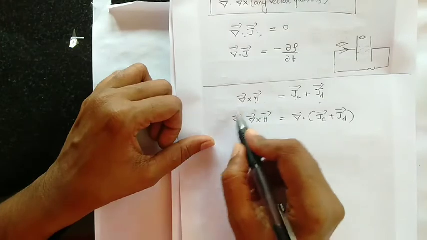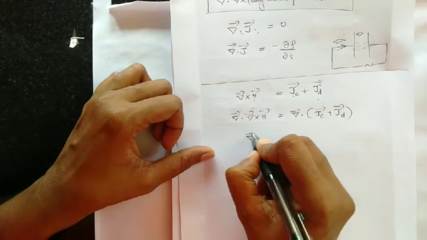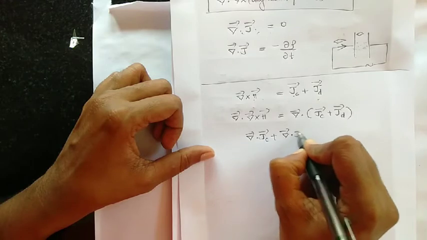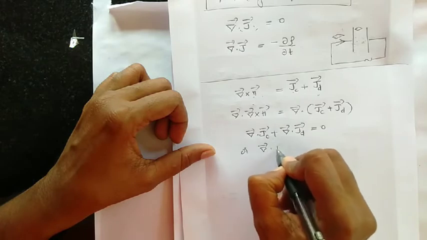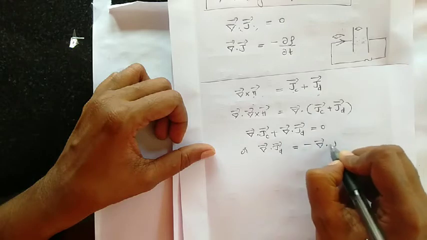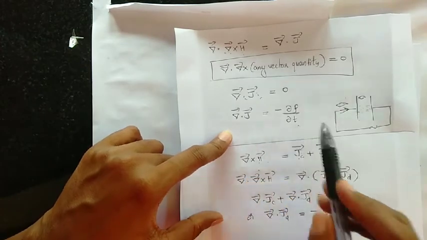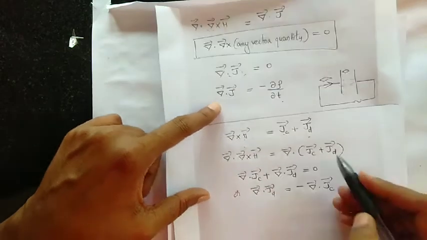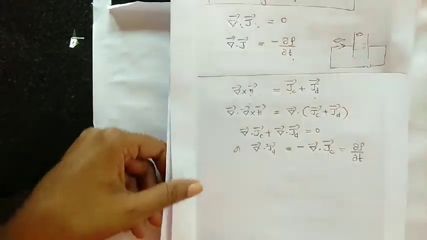By the vector identity, the left side becomes 0, so on the right side, opening the bracket, del dot JC plus del dot JD is equal to 0, or del dot JD is equal to minus del dot JC, where del dot JC we have already stated from the equation of continuity is minus dou rho by dou t. Therefore, minus del dot JC will become minus and minus, plus dou rho by dou t.